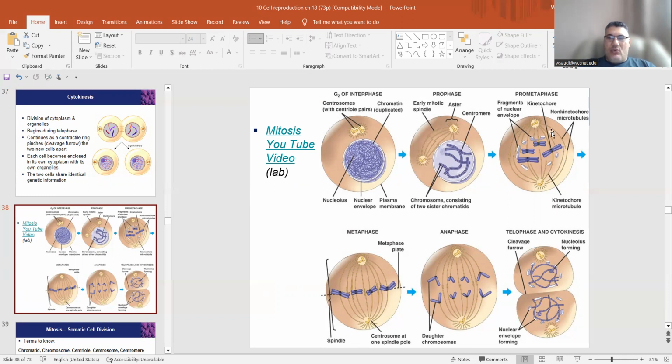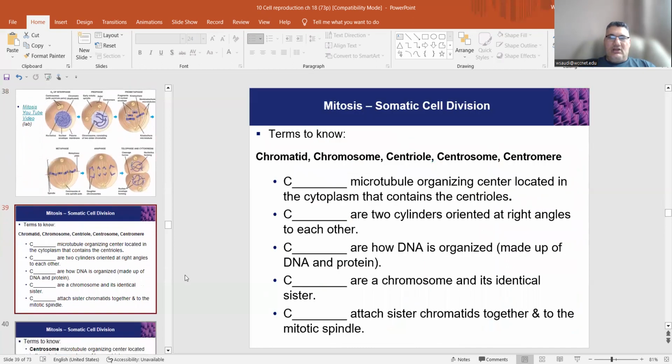Here it's disappearing even more, and the spindles are attaching, which is the pro-metaphase, and then they arrange around the equator, which is the actual metaphase. And then they separate from each other by the pulling of the spindles, anaphase, cleavage furrow, reforming the nucleus and the nucleolus, and start the separation. And then when they move away, we call that cytokinesis.